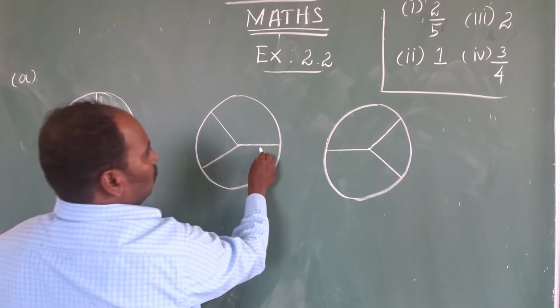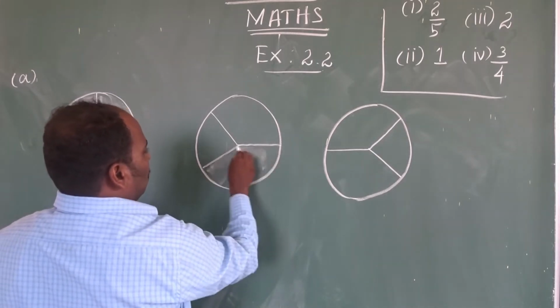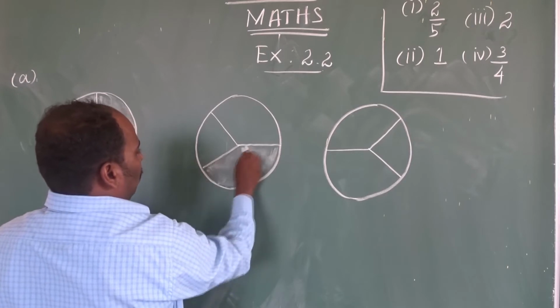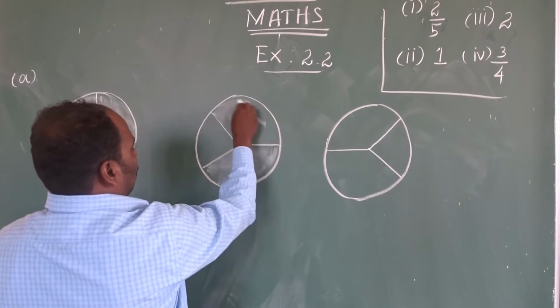Then the second circle, center portion 1 and 2.